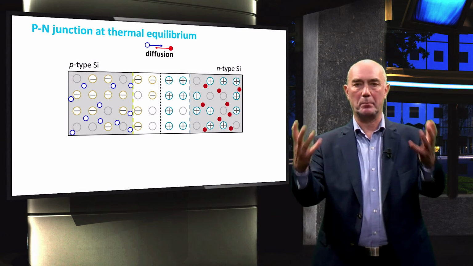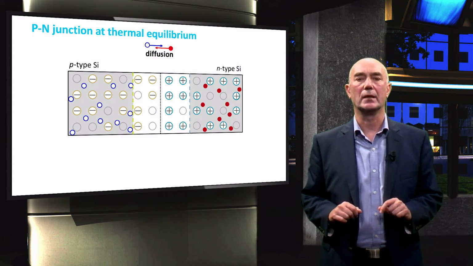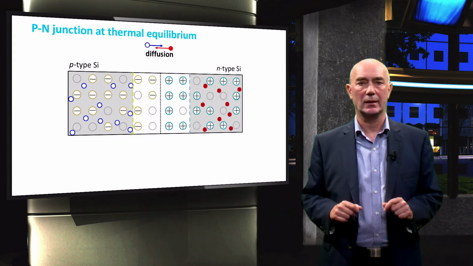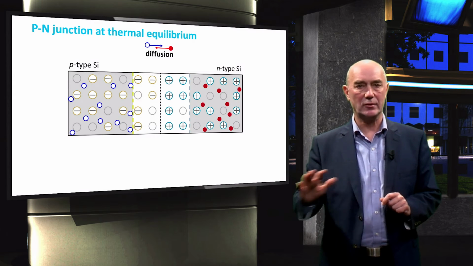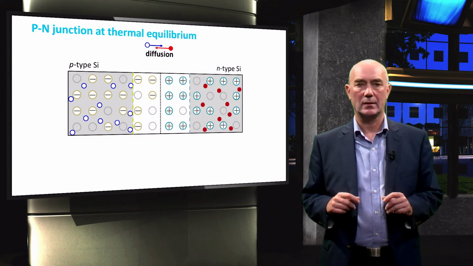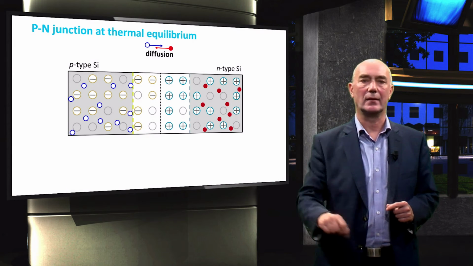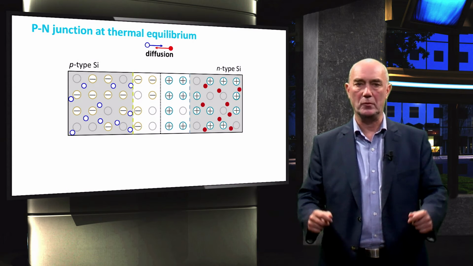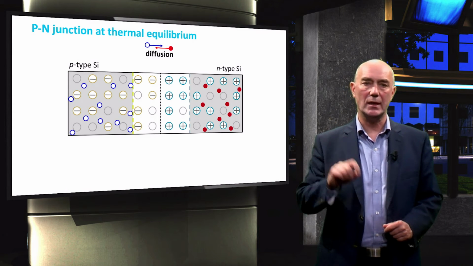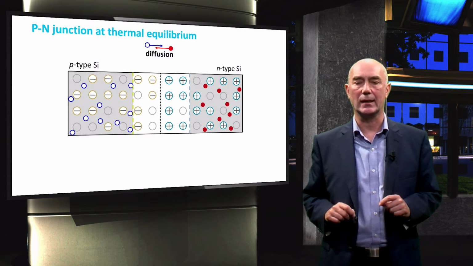This results in a part of the p-type region that is depleted of the holes from the boron dopants, and an n-type region that is depleted of the extra electrons from the phosphorus dopants. Since the ionized dopant atoms are fixed in the crystalline lattice and cannot move, their charge is no longer compensated by the charge of mobile holes and electrons.